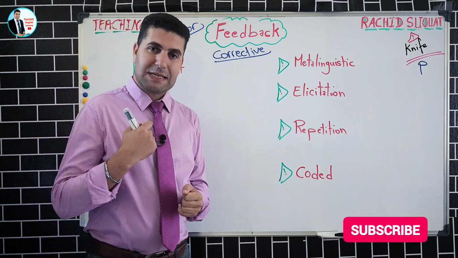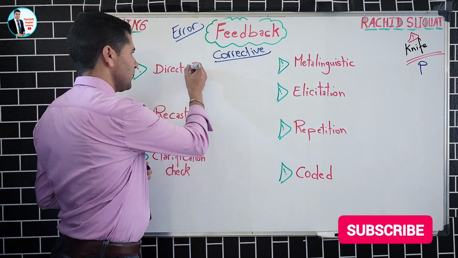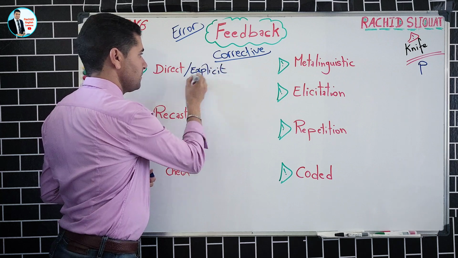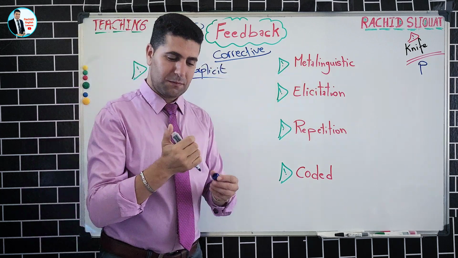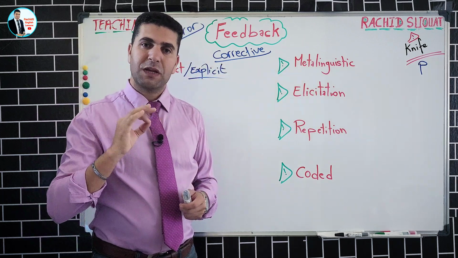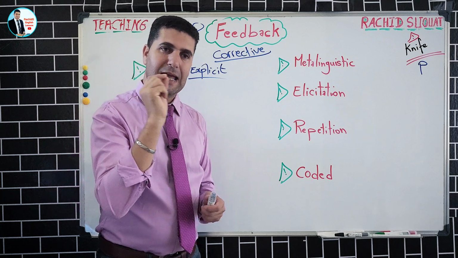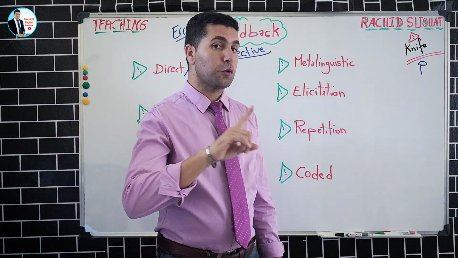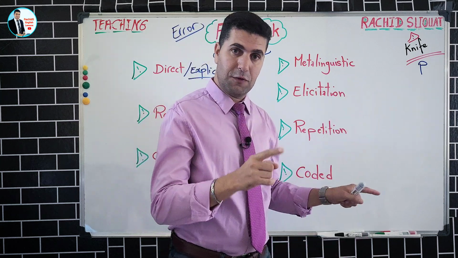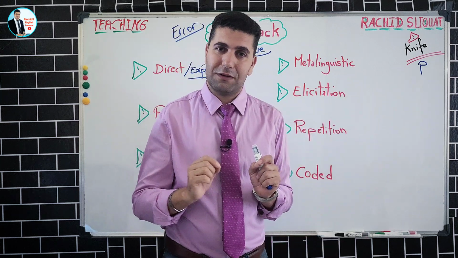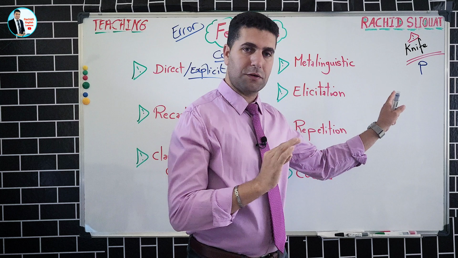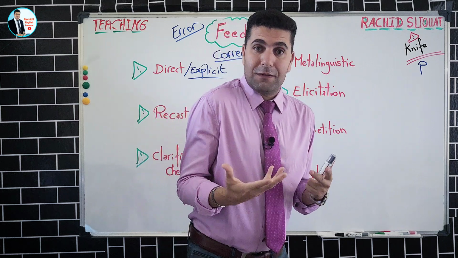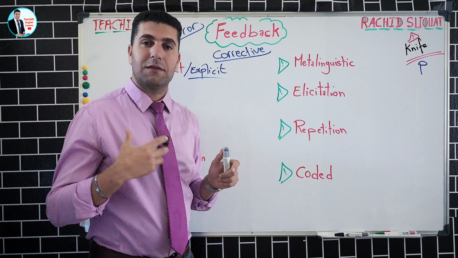We can also call it explicit, when the teacher refers to the error directly. For example, the teacher might say, no, we don't say "knife", we say "knife". So here the teacher is referring directly to the error. This is a kind of direct feedback.